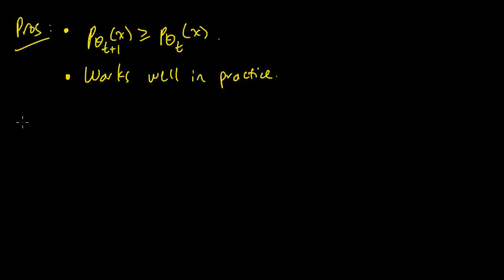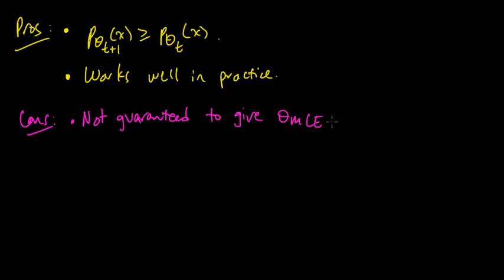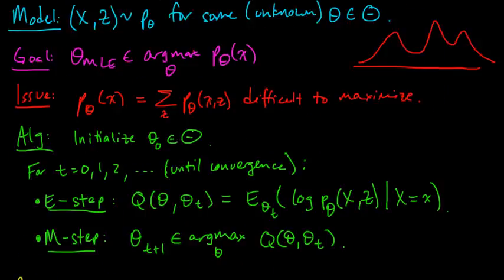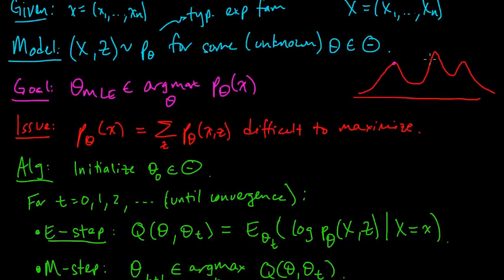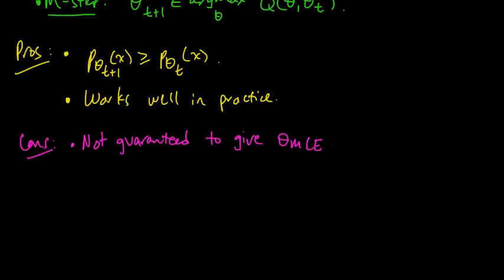And briefly, a couple cons. Not guaranteed to give a maximum likelihood estimate. Part of the reason is because there could be multiple modes here, and you might get stuck at a local optimum and not get to the global optimum.